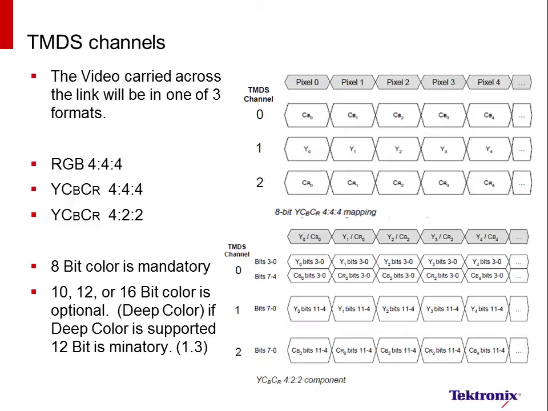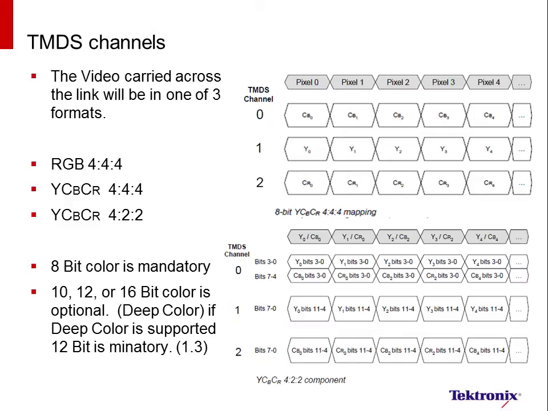An HDMI transmitter must be capable of producing RGB and either YCbCr 422 or YCbCr 444. Since a transmitter could use either 444 or 422 YCbCr, a receiver must be capable of taking all three formats in.